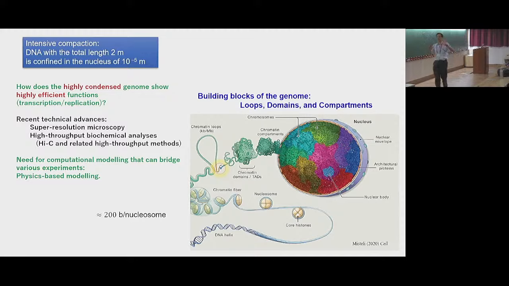Chromatin means the state of DNA bearing a lot of associating proteins. This chromatin chain often forms loops of the size of kilobase to megabase. In particular, loops of the size of 100 kilobase or megabase are called topologically associating domains or chromatin domains. And these chromatin domains tend to gather together to form compartments.